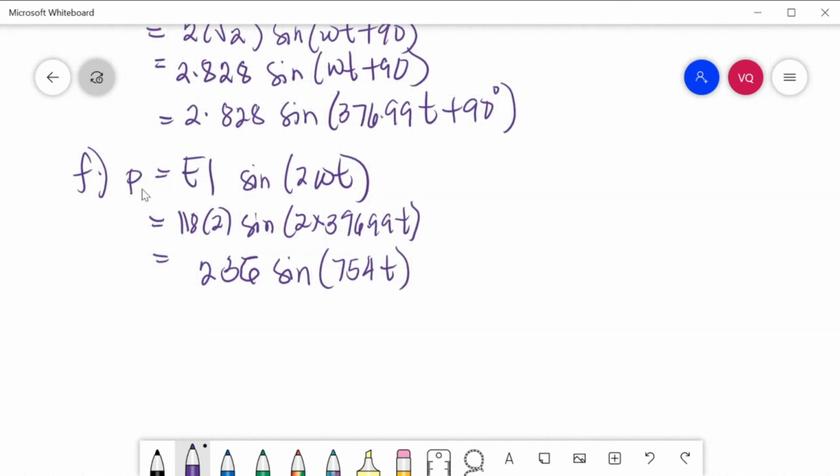For our instantaneous power, p is equal to EI sine 2 omega t. So 118 times 2 sine of 2 times 376.99t. So our instantaneous power equation is 236 sine of 754t.